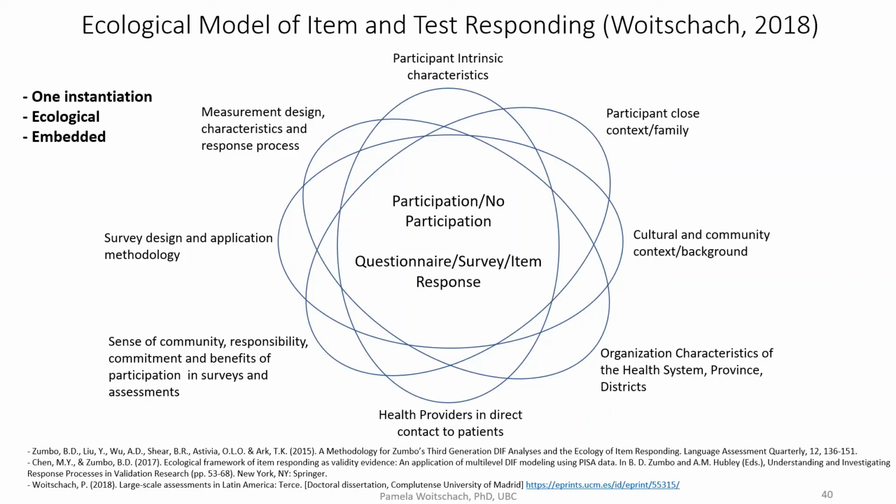In this case, I would like to add that there is also an influence from the participants' close context on the process of responding or not to our survey. The model presented is only one instantiation of an ecological way to understand item and test response from an embedded, multi-level, and multi-source point of view.